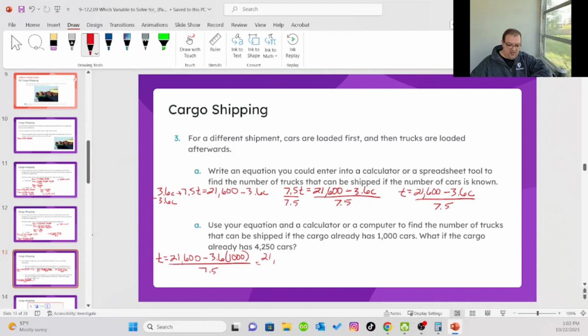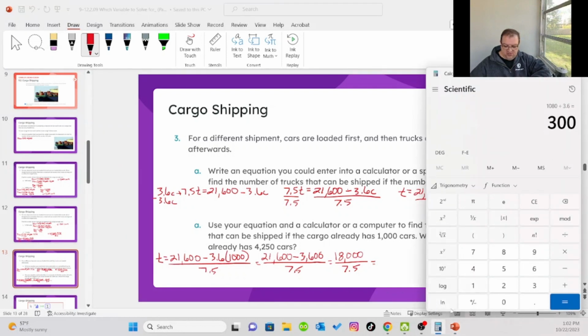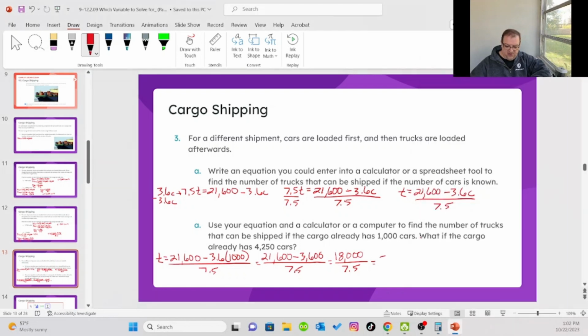That's 21,600 minus 3,600 divided by 7.5, which equals 18,000 divided by 7.5, which equals 2,400 trucks.